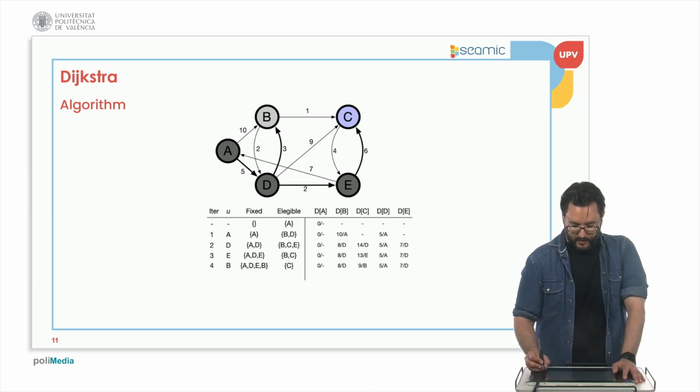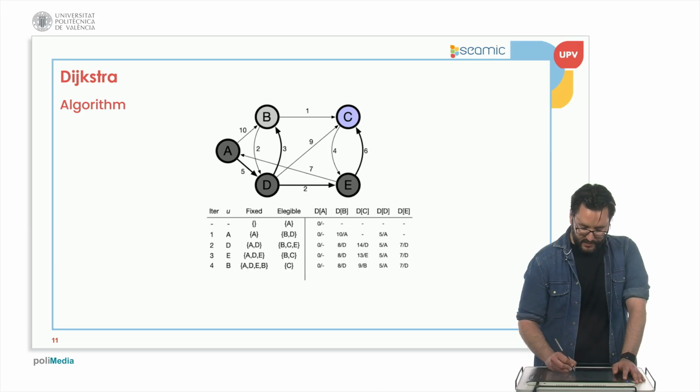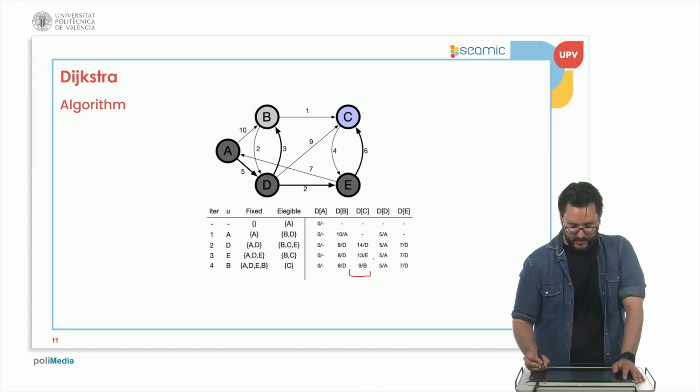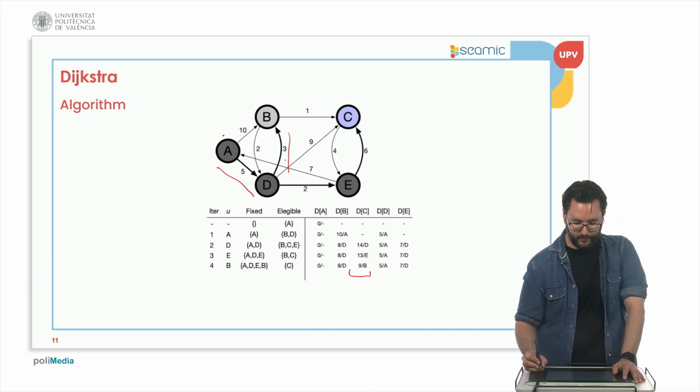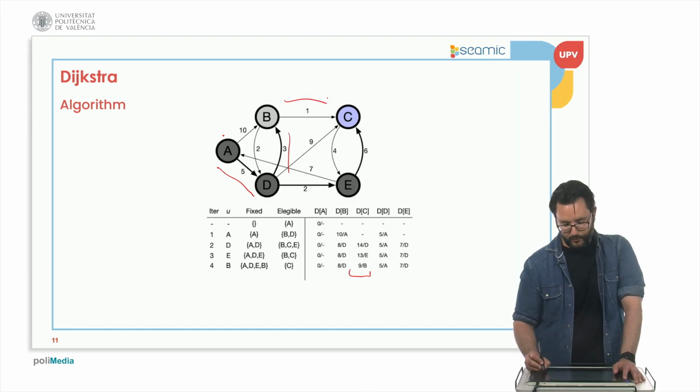Including B allows us to update the distance again for C. In this case, we can go from A to D with 5, from D to B with 3, and from B to C with 1, with a total cost of 9. That is better than the 15 that we had before.